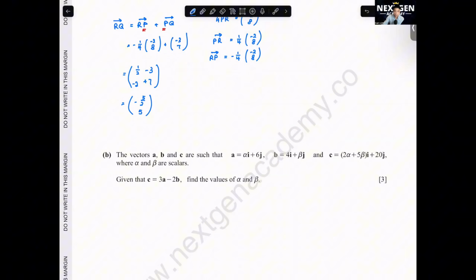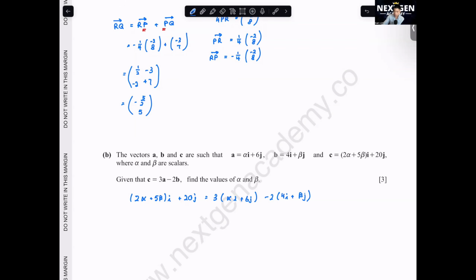c equals 3a minus 2b. So 2 alpha plus 5 beta i plus 20j equals 3 alpha i plus 6j minus 2 bracket 4i plus beta j.